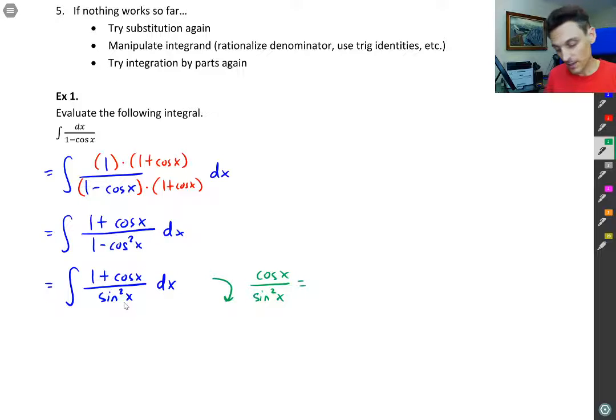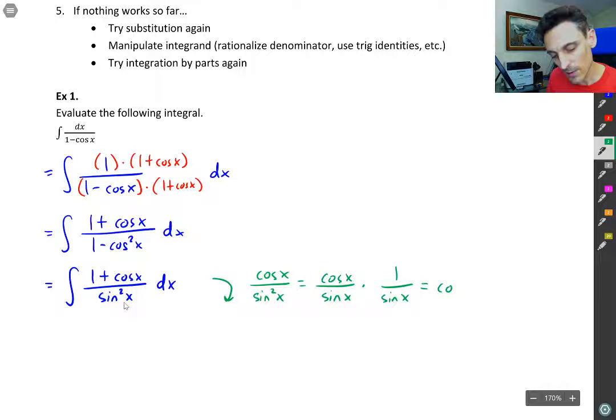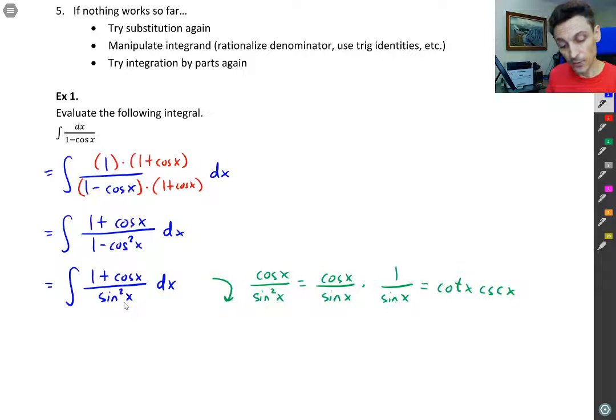We can either tackle that directly as an integral by using a substitution, but you can also break this up into other trig functions. This is the same thing as cosine x over sine x times 1 over sine x, which is cotangent x cosecant x. And that actually makes it a little easier to integrate, because we can integrate integrals that have cotangents and cosecants all multiplied together.